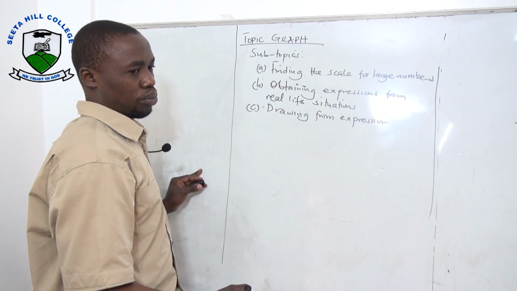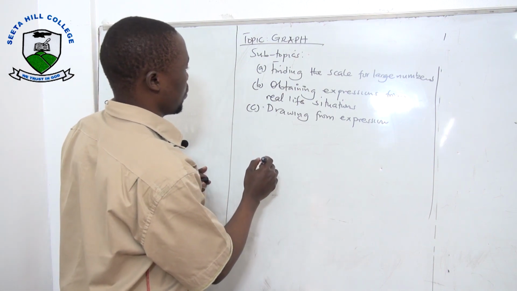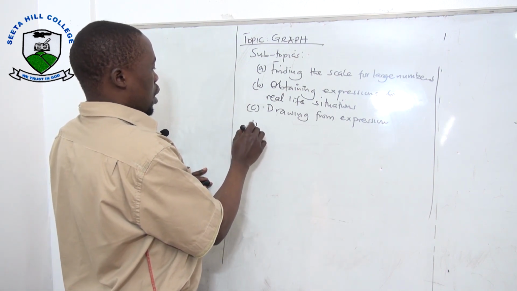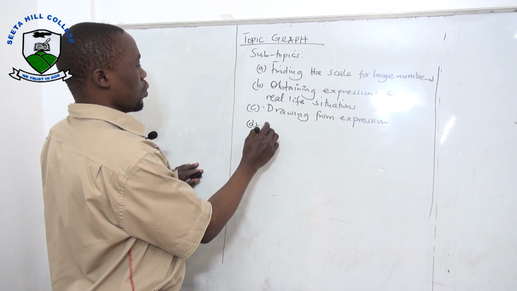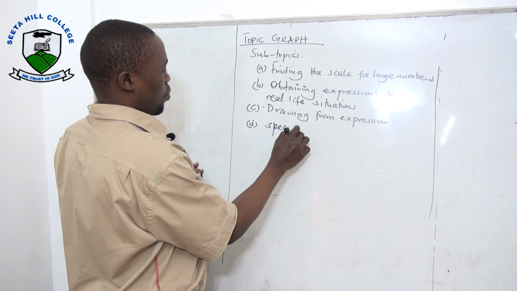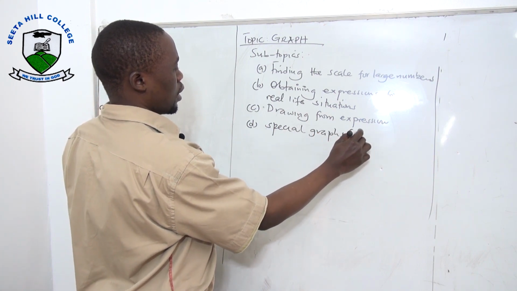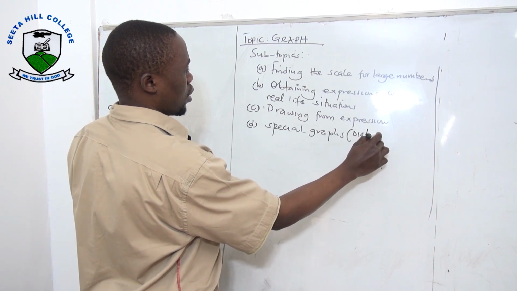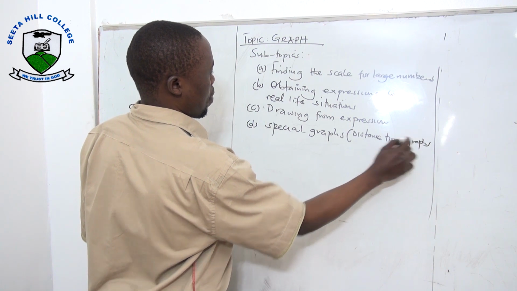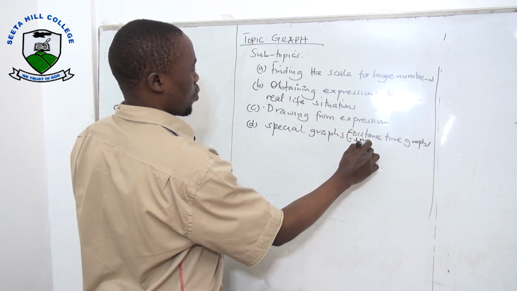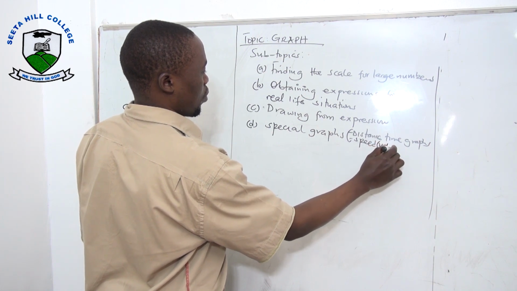That's good. Drawing graphs from expressions. Then we shall also see special graphs, and particularly these are distance time graphs. Speed time graphs, speed or velocity time graphs.